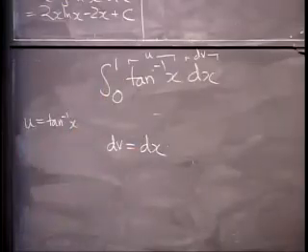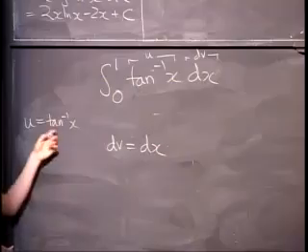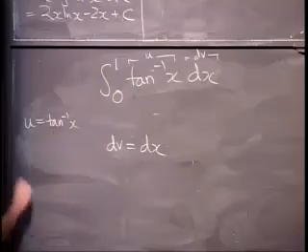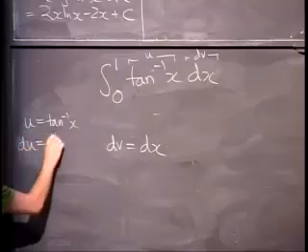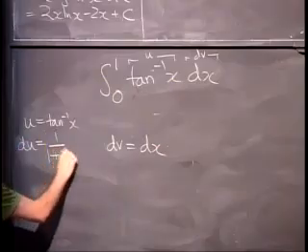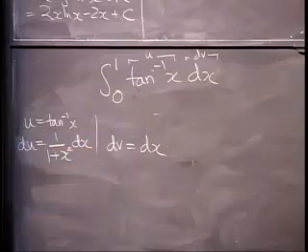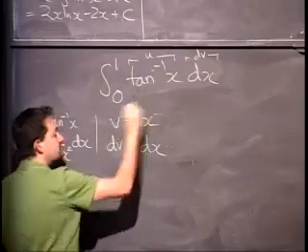So again, polynomials, I don't like to be the dv very often, but inverse tan is even worse. So du gets rid of the inverse tan and gives us 1 over 1 plus x squared dx, whereas the v just becomes x.